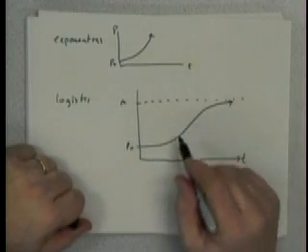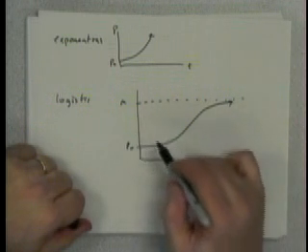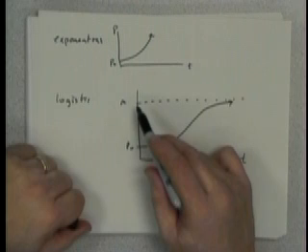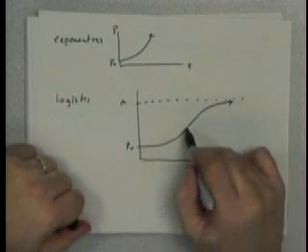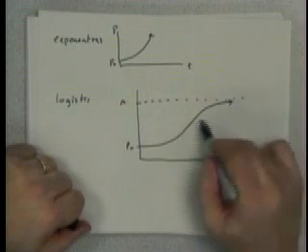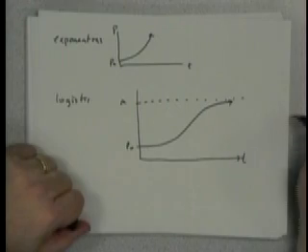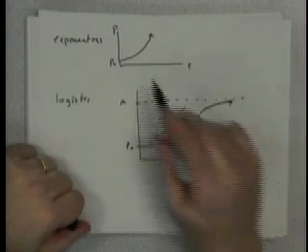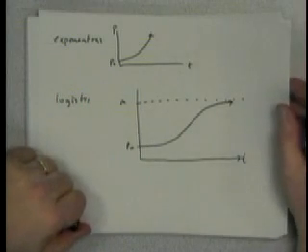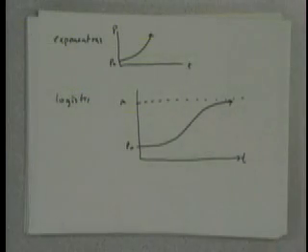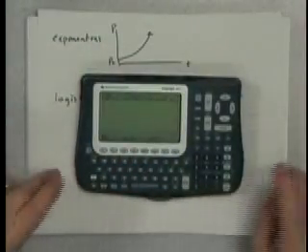But the further over you go, pretty soon, about right here, when the population's halfway between the initial population and the carrying capacity, it changes from being concave up to concave down and approaches that max. So the question is, which kind of a population model do we have for the data given? So, let me see if we can use our calculator.